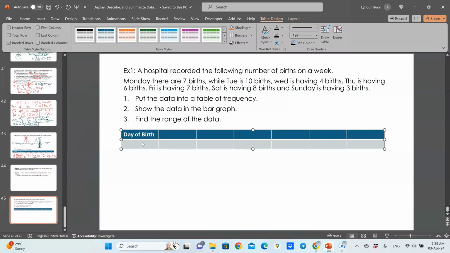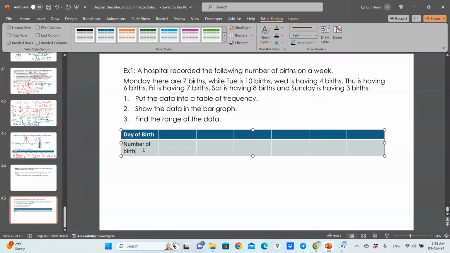How many births is the question, but here should be the answer, not the question. It's a questionnaire, not the answer. So here should be number of births, right?